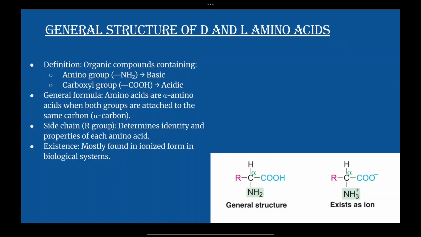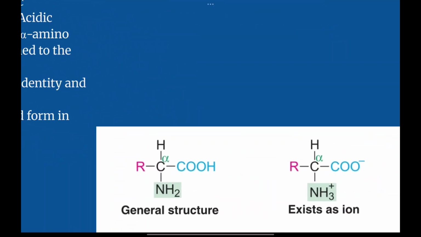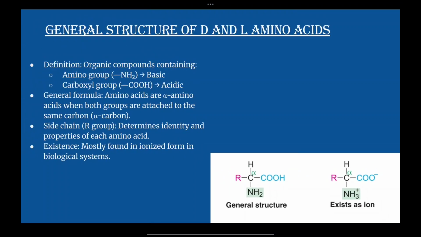If it is in the ion state, you can see there is an exchange of the hydrogen between the amine group and the carboxylic group. Whenever this state is there, the amine group is ready for a reaction. It is an active state wherein it can take up an ion.